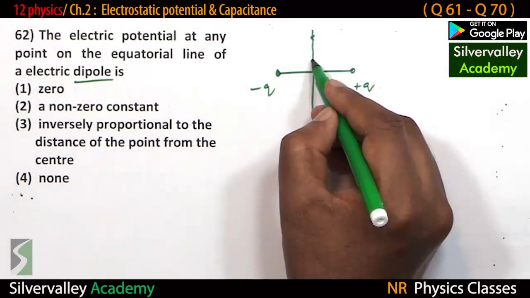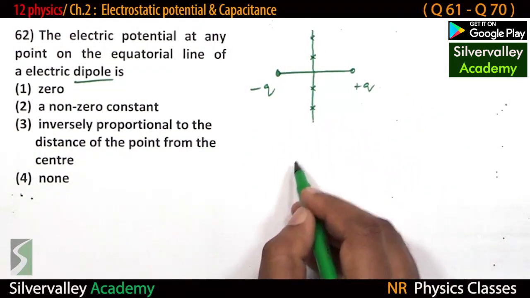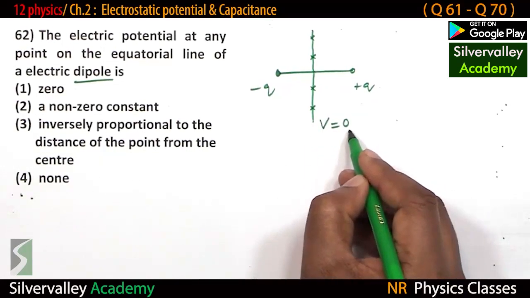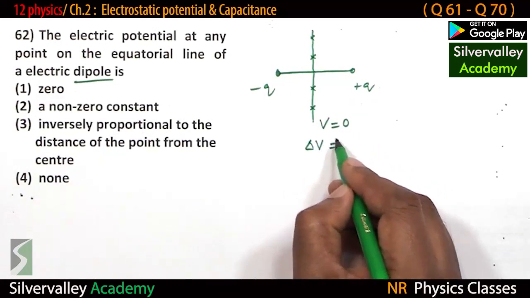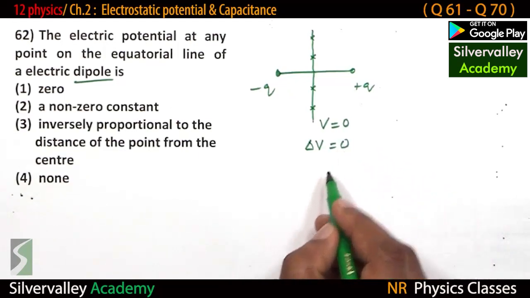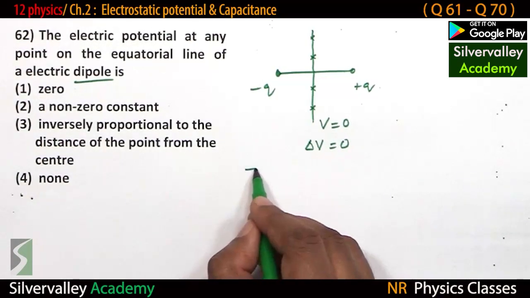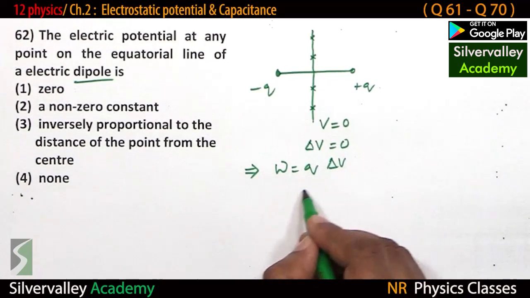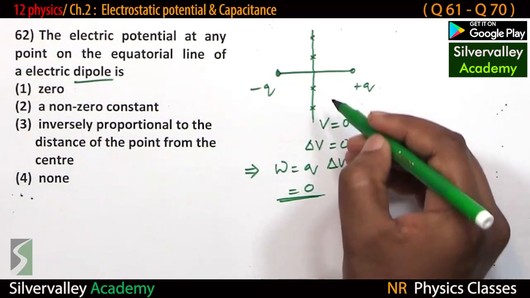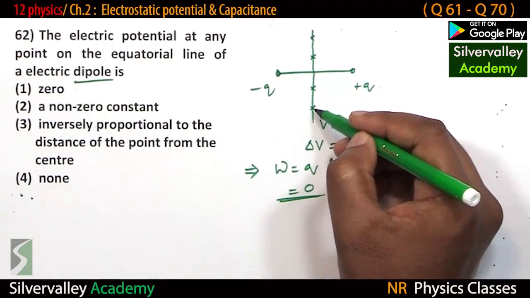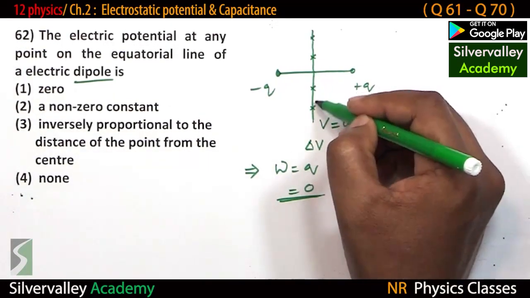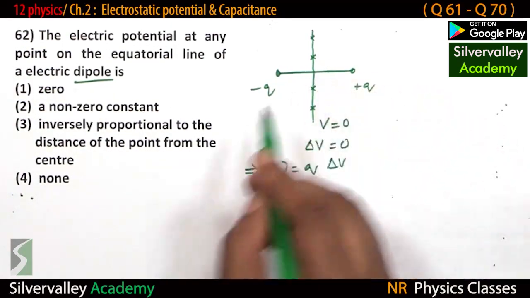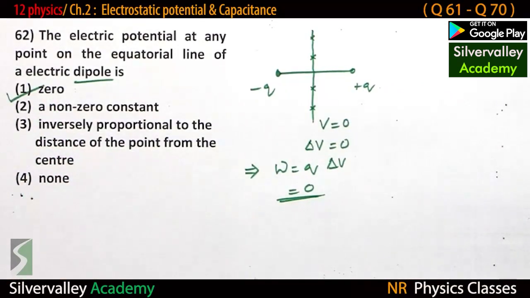At every point on the equatorial plane, potential is 0. If potential is 0, the potential difference between 2 points is also 0. This implies that work done, equal to charge times potential difference, is also 0. So work done in moving a charge on the equatorial or equipotential line is 0.